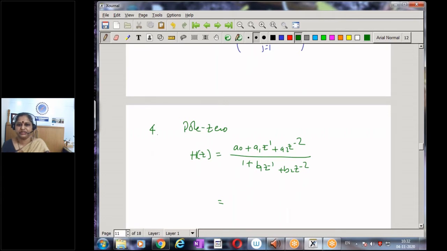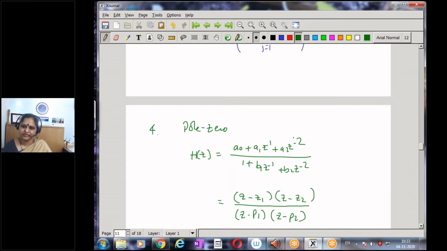This sum of terms, I can factorize it and represent it as a product of terms: z minus z1, z minus z2 in the numerator, and z minus p1, z minus p2 in the denominator. So I need to factorize my numerator and denominator. Since this is a second order system, I'm going to have two roots of the numerator and two poles of the denominator. So I have zeros and poles.